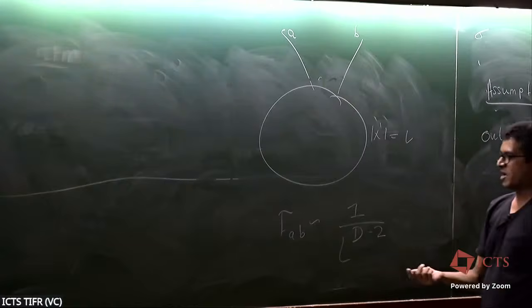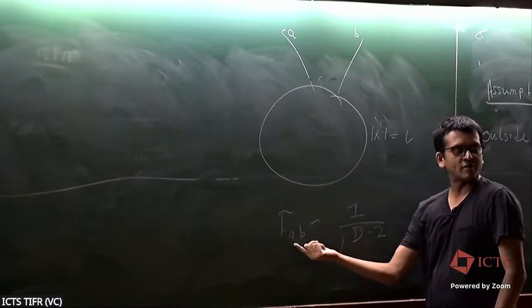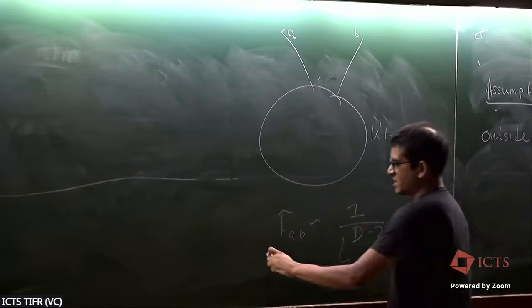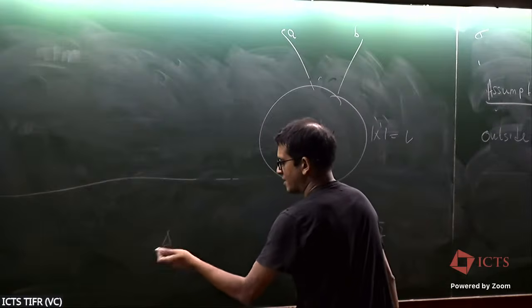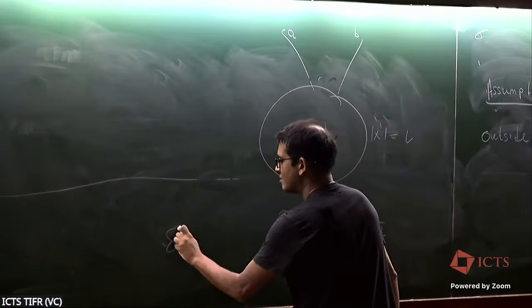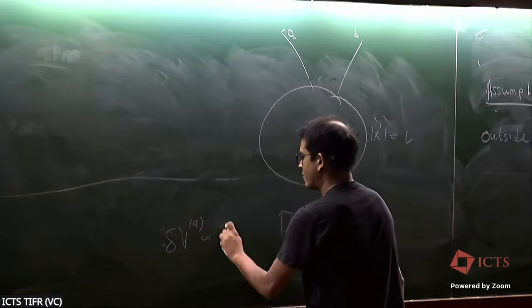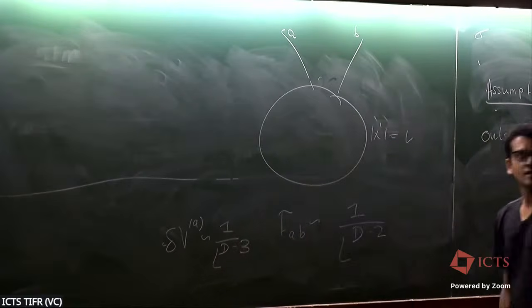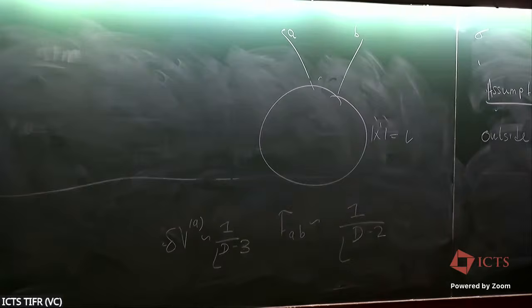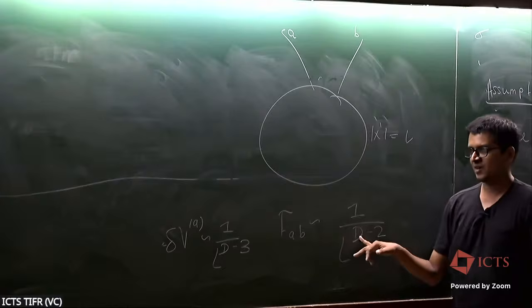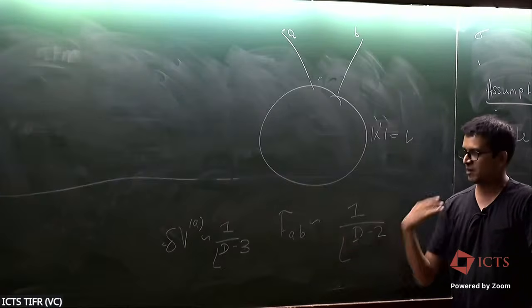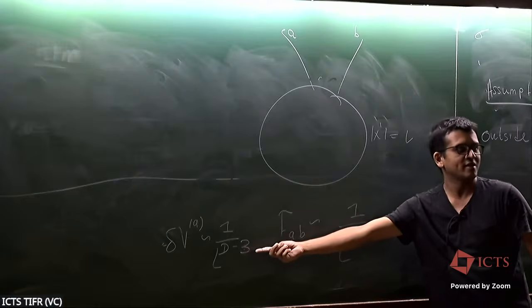Which means that if I'm ignoring this force between these two particles, I'm ignoring the change in the velocity, so delta V, the correction to my velocity, will be of the order 1 over L to the d minus 3. Is this clear? Because this is acceleration, and to get the velocity, I have to integrate once.